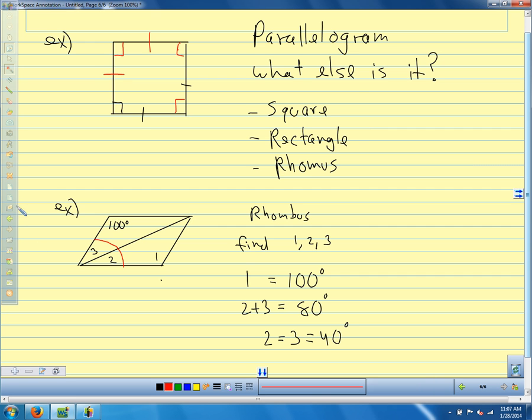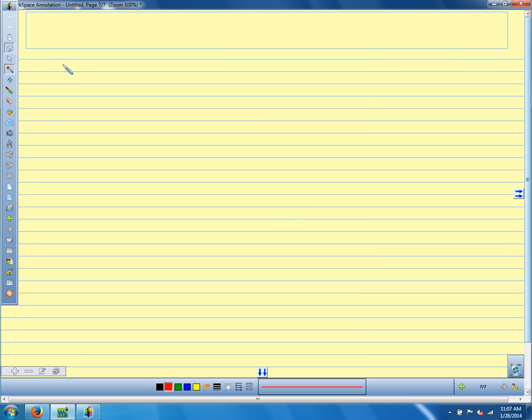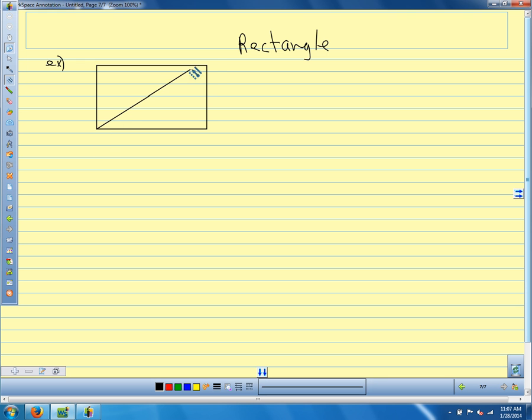All right, let's look at one last example. So here's our picture for this one. And we're going to say this is a rectangle. I'm going to draw these in like so, and I'm going to label the sides and the vertices.